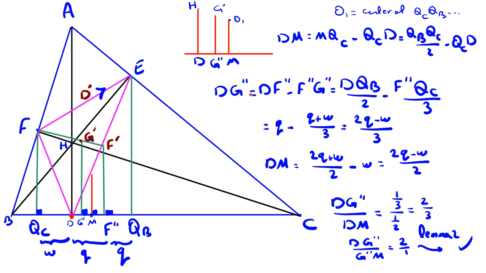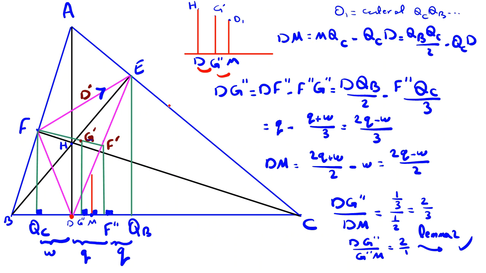Now if we divide DG prime over DM, 2Q minus W over 3 over 2Q minus W over 2, we can cancel 2Q minus W, it will be 1 over 3 over 1 over 2, which would be 2 over 3. Now, DG double prime over DM is this, so DG double prime over G double prime M, you can consider it is 2 over 3 minus 2, it's 2 over 1.